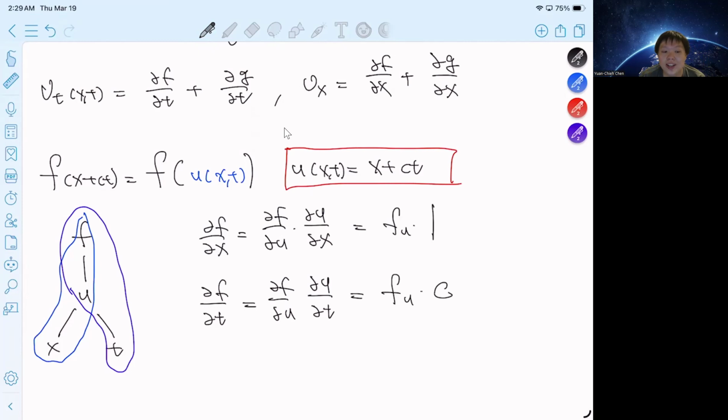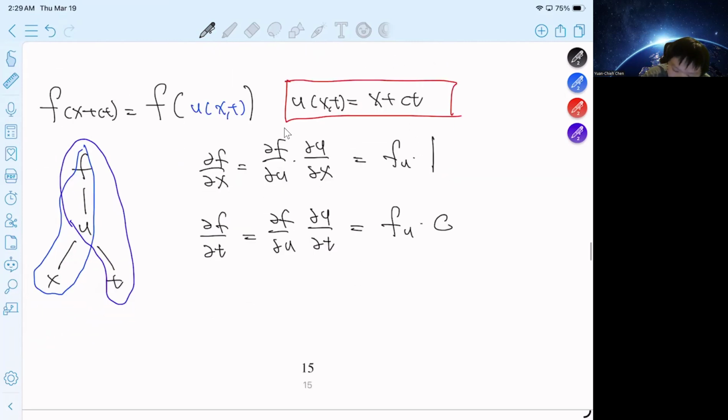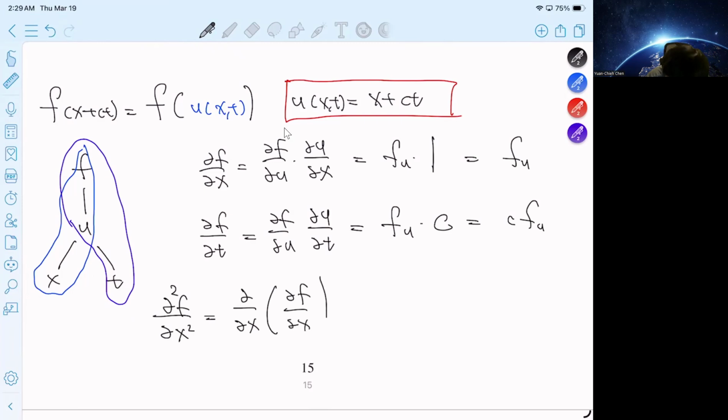So now we want to do the exact same thing with f with the double derivative. We already know that partial f partial x is f_u, and partial f partial t is c f_u. So if I want the second derivative, partial squared f partial x squared, I'm taking the partial derivative of partial f partial x.